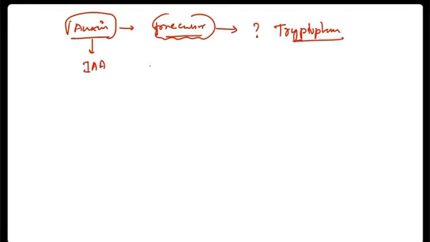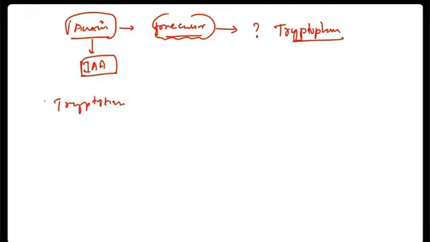Indole acetic acid is the main auxin in higher plants. Yes, very good. No, it's not methionine. It's tryptophan in the case of higher plants. Okay, this is clear. So the precursor is tryptophan, which means from tryptophan, the auxin IAA is synthesized.